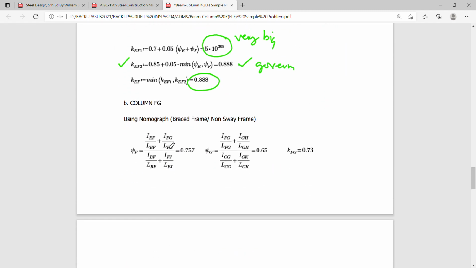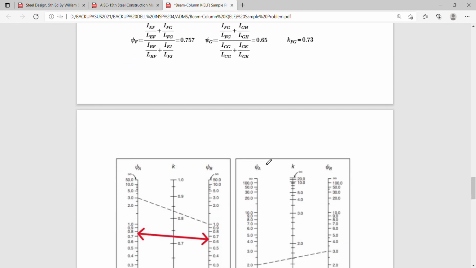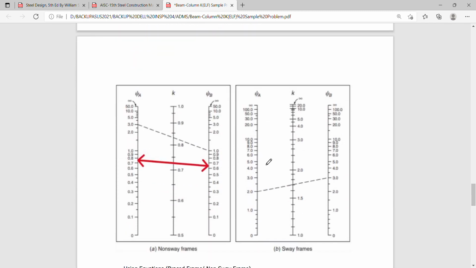So using the same principle for column FG, I simply take psi F and psi G, which are 0.757 and 0.65. I use my nomograph and alignment chart.